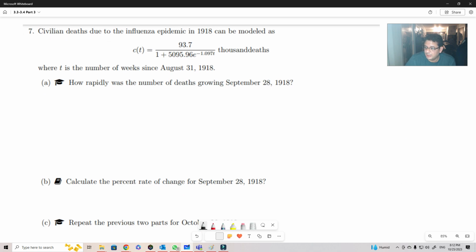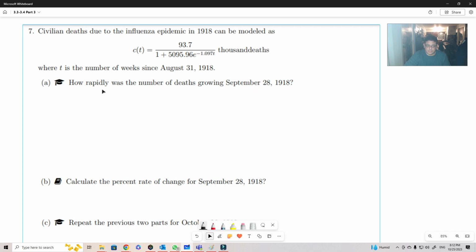Now, finally, to finish up this session, we have another application. Civilian deaths due to influenza in 1918 can be modeled as the function C of t, and we have this logistic function in here. We want to know how rapidly the number of dead was growing on September 28, 1918.